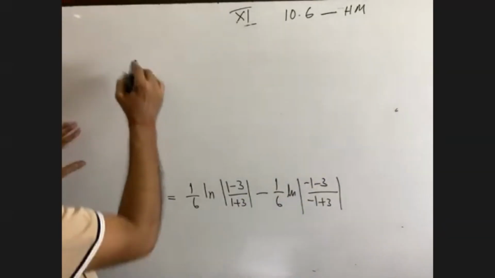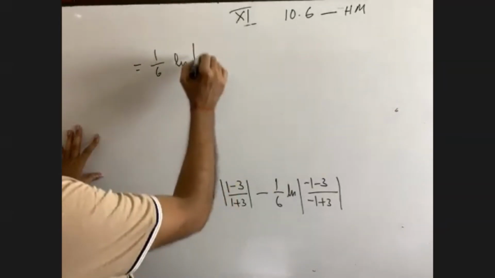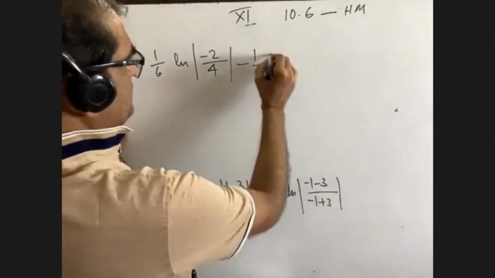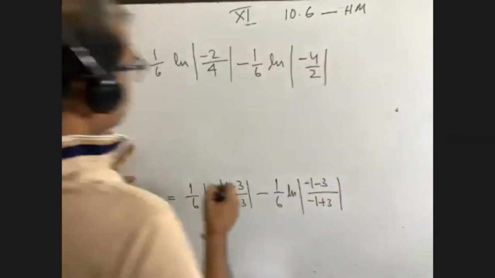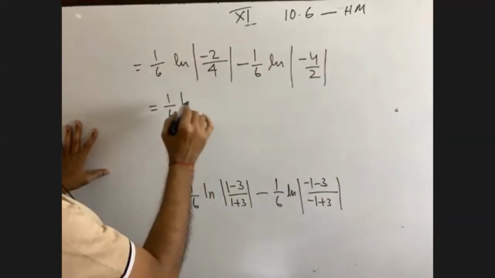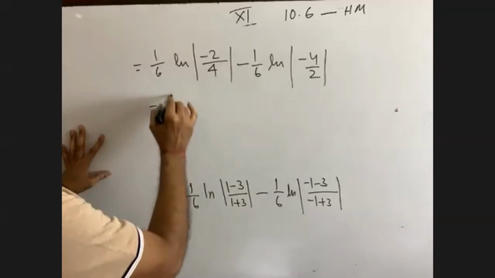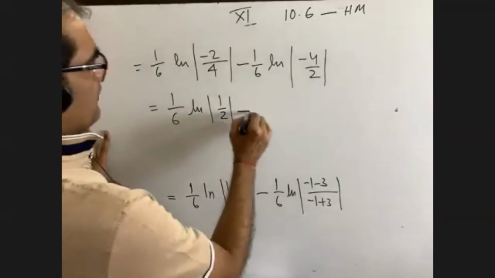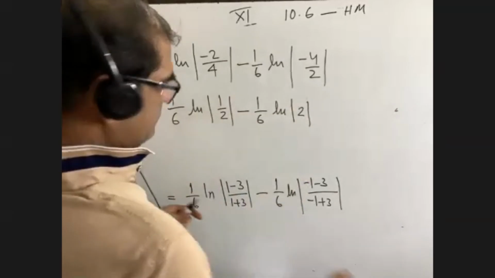You see, 1 by 6 ln, talk to me, 1 minus 3 is minus 2 by 4. Minus 1 by 6 ln minus 4 by 2. That means 1 by 6, 2 by 4 is minus half, that is only half. 1 by 6 ln only half minus 1 by 6 ln only 2.